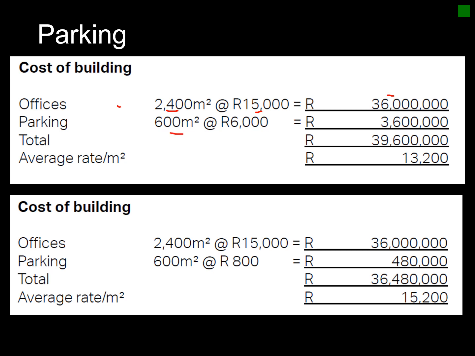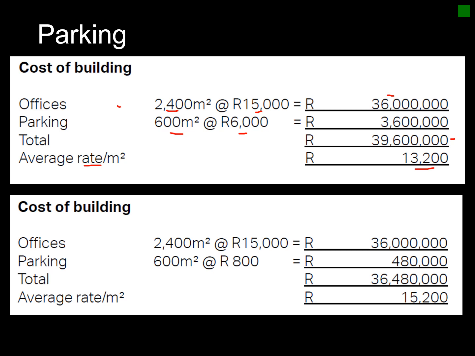Your basement parking is less because it doesn't have specialist installations, and it works out at approximately 6,000 Rand per square meter. Then you add up your cost to get to 39.6 million. So your rate per square meter works out at 13,200 Rand per square meter for case one.